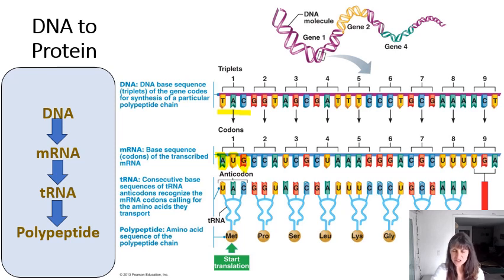When messenger RNA is translated by matching anticodons from transfer RNA molecules to the codons on the messenger RNA to bring those specific amino acids into their specific place in this growing chain of amino acids, the polypeptide chain, we can notice that the anticodons are going to look exactly like the original triplet in the DNA template, with the exception of the substitution of uracil for thymine, because RNA does not have thymine.